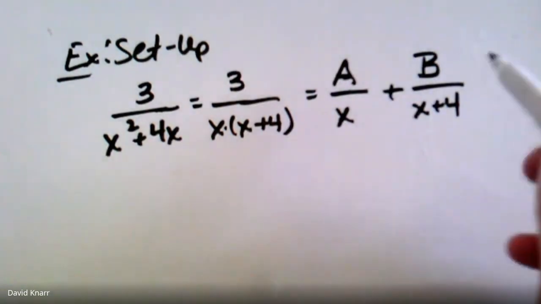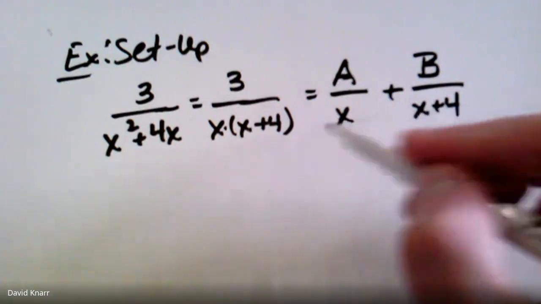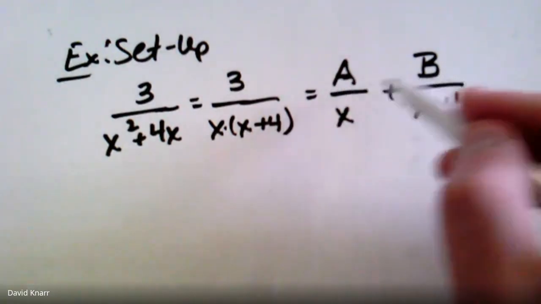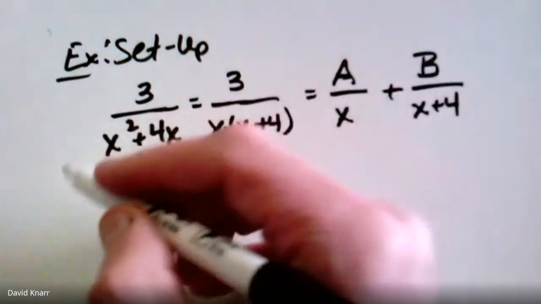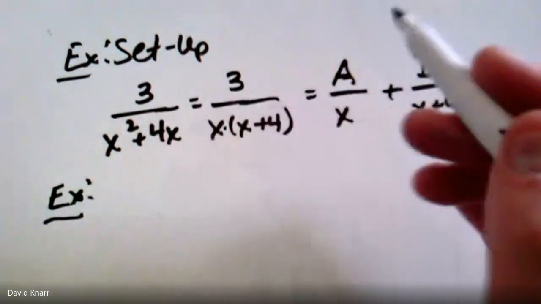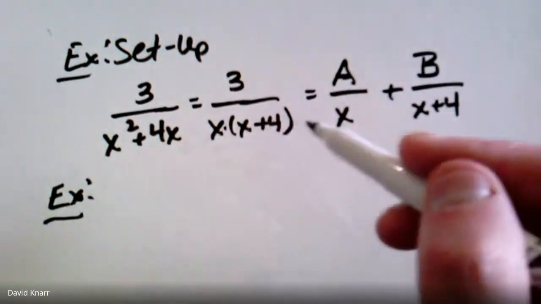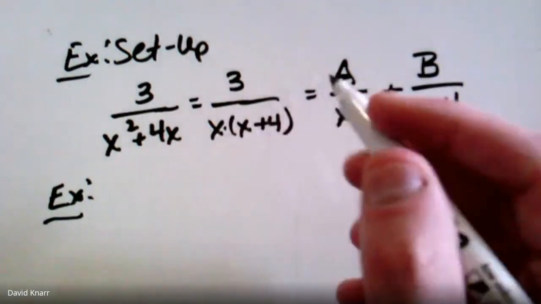That's how I set up my two partial fractions. Now, I actually haven't figured out what A and B are yet. I haven't showed you how to do that. Okay, I'm going to do that in a minute. But that's how you set them up. And being able to set it up is as important as being able to actually decomp it. Because if you can't set it up right, you're not going to be able to decomp it correctly.